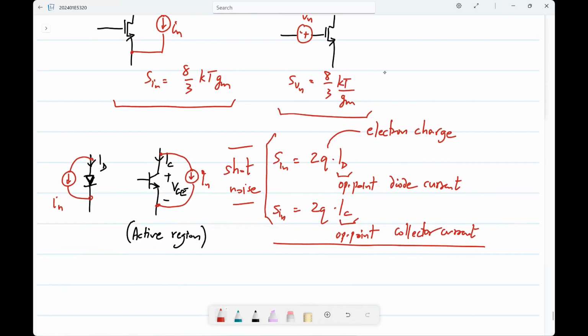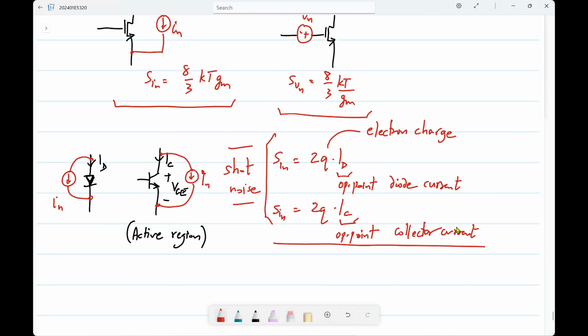Now these expressions look very different from the ones for the MOS transistor. Can you cast them in a similar form? There we had GM, here we have IC. Can we recast this in terms of GM?